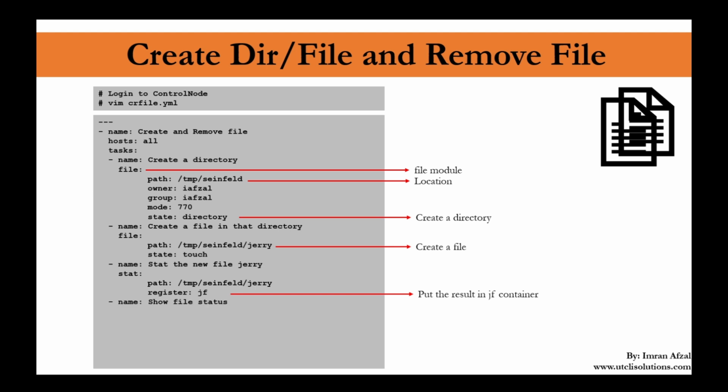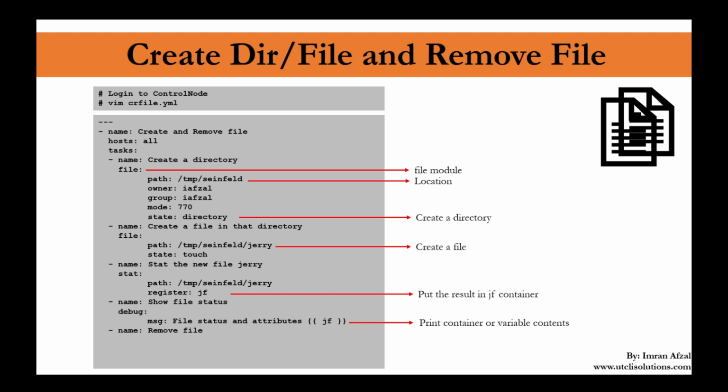Now, show file status. We have to read that container, and we'll use the debug module for it. For that, we'll use msg, and the message will be the file status attribute, and it will read from the container that we specified in register, and that is JF. So this prints the container or variable contents.